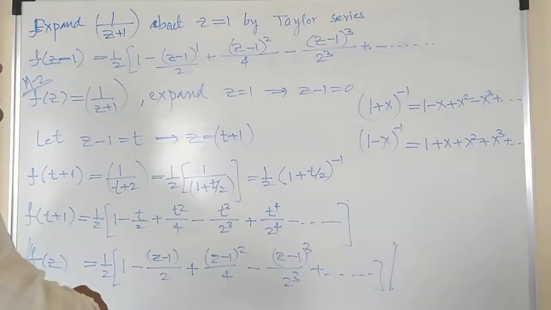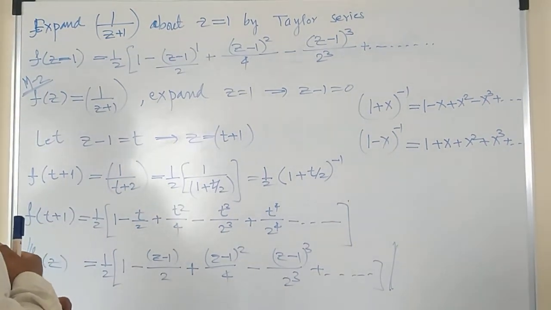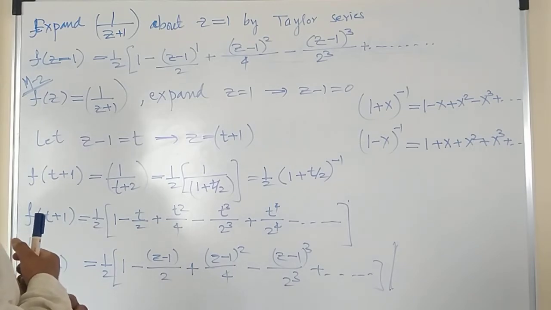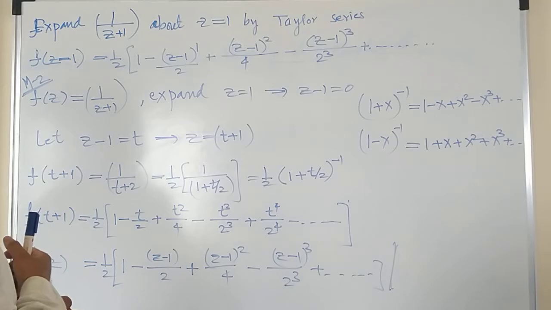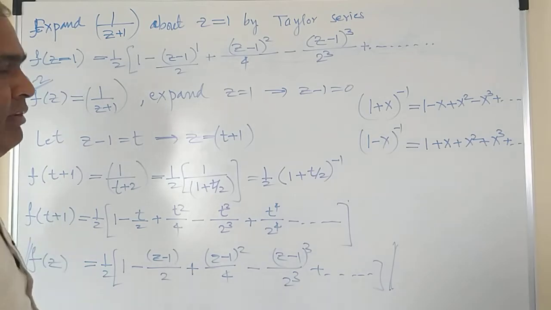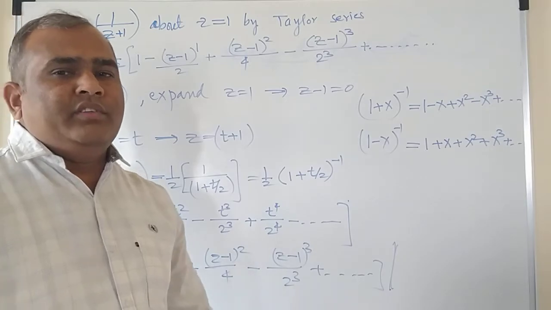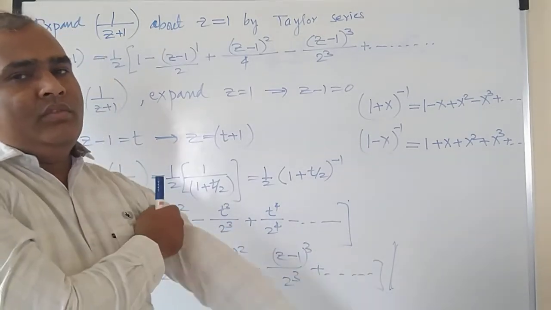So what is the first method and second method? In the second method you are going for a series expansion by using binomial expansion and putting some substitution for it. And in the first method you are calculating the derivatives for the series, and once the derivatives are calculated you can put them into it.